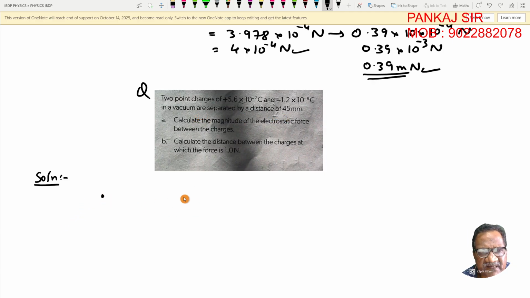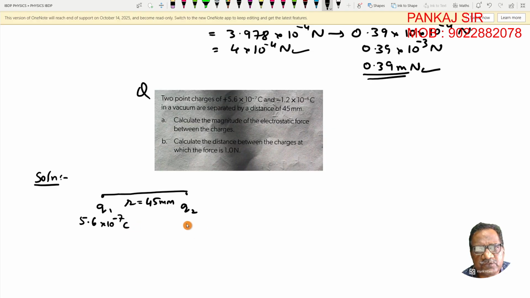So let me take these two charges, Q1, Q2. These two charges are separated by a distance r equal to 45 millimeter. Q1 value is, suppose let us take the positive one, 5.6 into 10 is to minus 7 coulombs, and Q2 is minus 1.2 into 10 is to minus 6 coulomb.